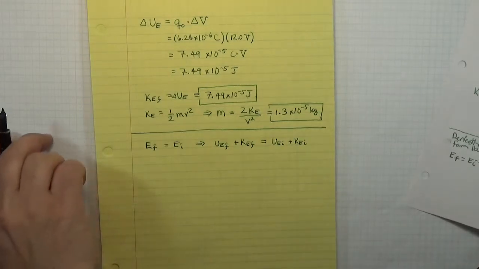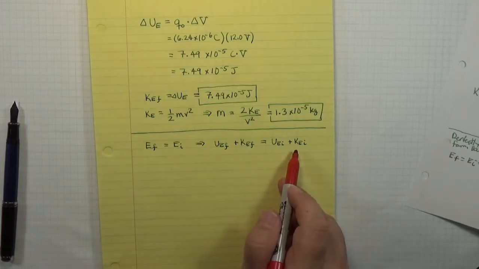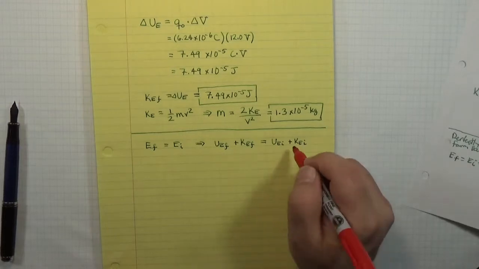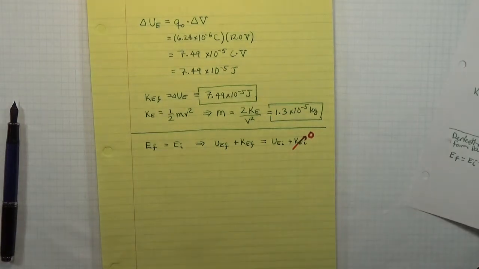In this case, I know that at the start of the problem, the particle is at rest, when it's near the positive plate. That's in the problem statement. So this initial kinetic energy is actually 0.